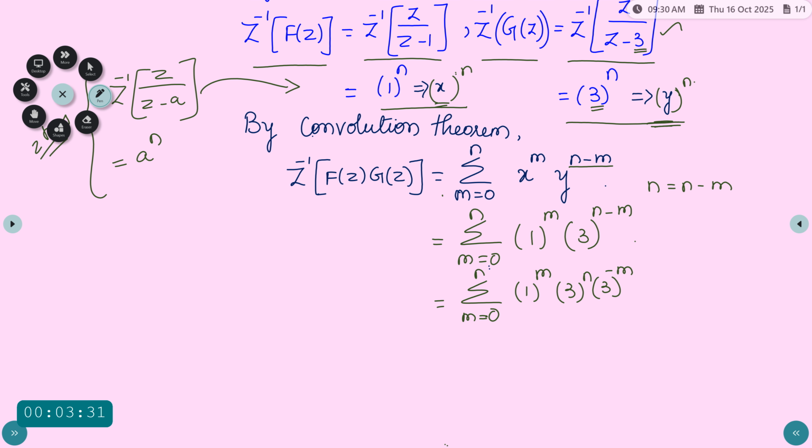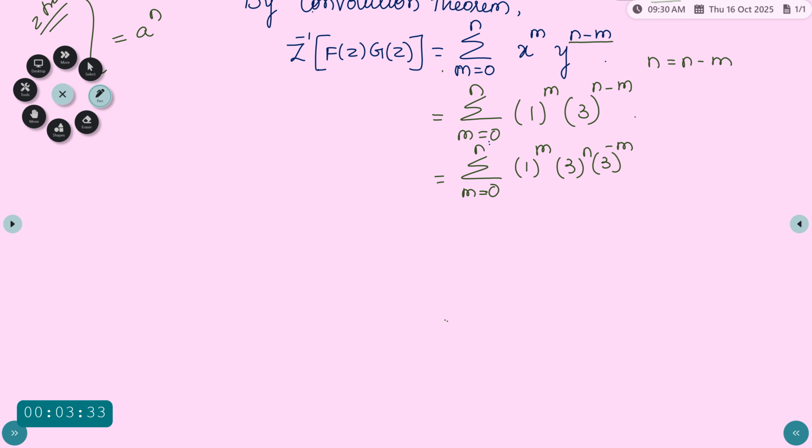I am going to split the two terms, 3 power n and 3 power minus m, since we are substituting for m only. So taking 3 power n outside, the summation m equal to 0 to n, 3 power minus m can be written as 1 by 3 power m.